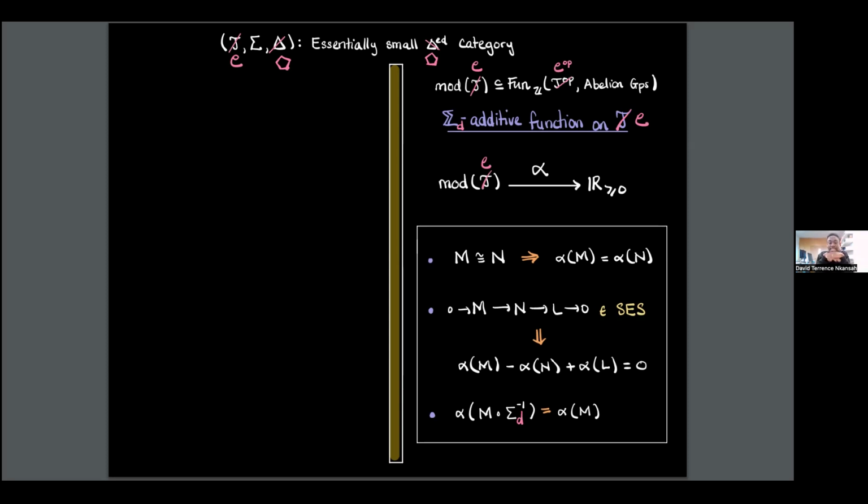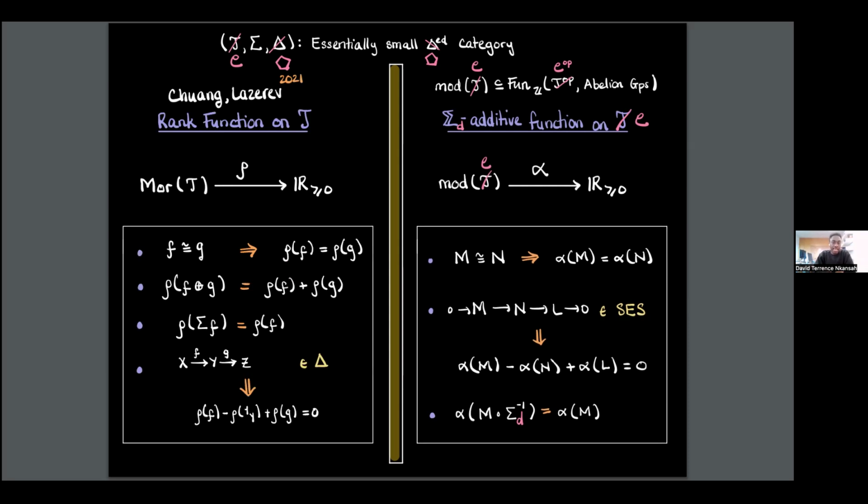This mod C is still going to be abelian, so we can still look at additive functions on it. And the only thing we have to care about is that instead of looking at sigma inverse, I look at sigma D inverse. That's all. Now, more importantly, we have to care about what this notion of a rank function should be now when T is a D plus 2 angulated category.